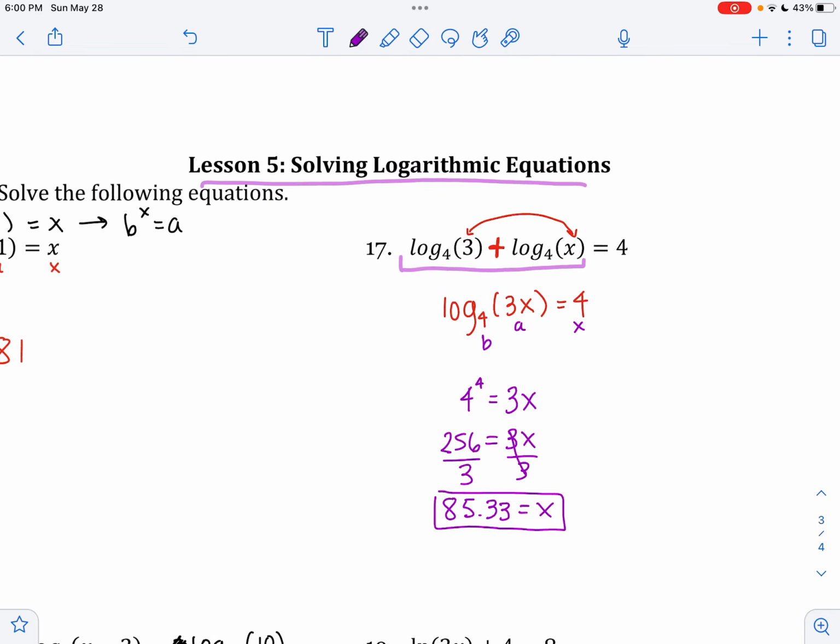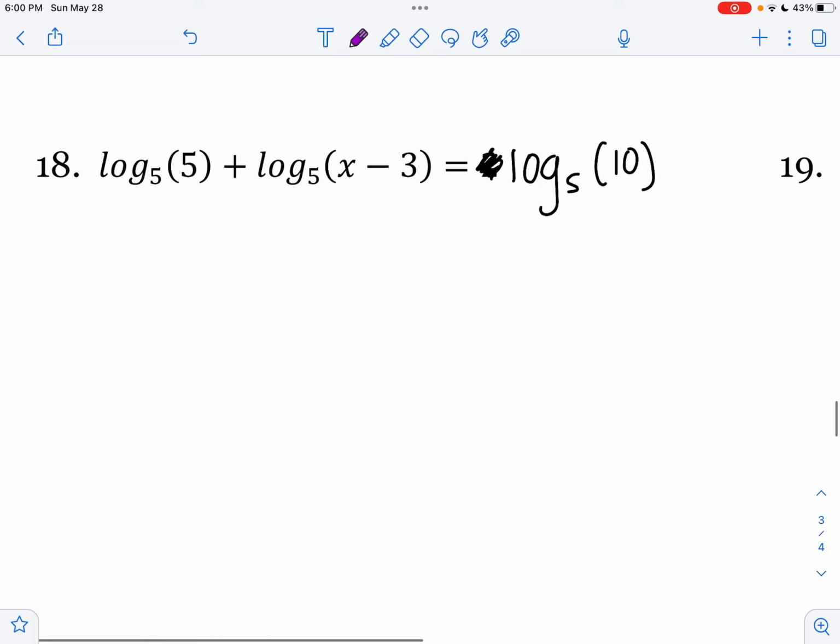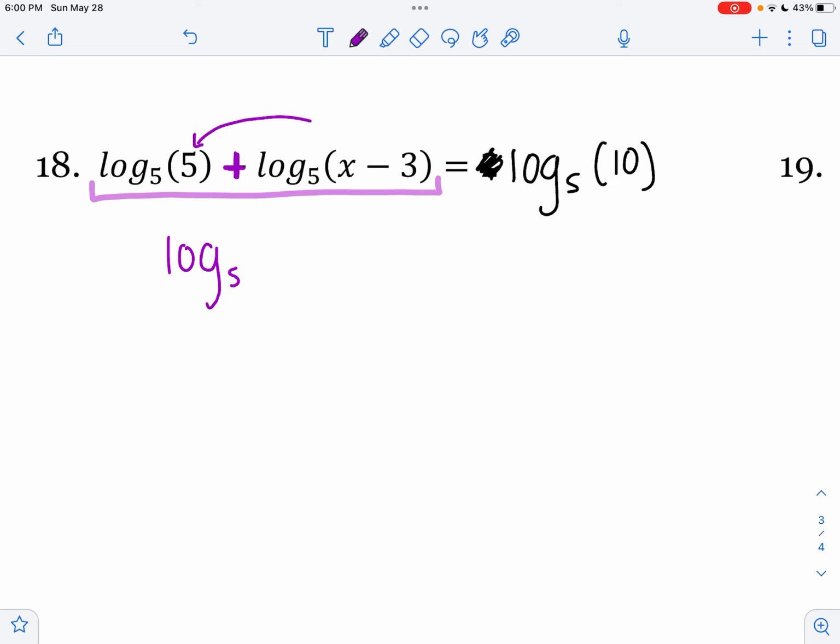Okay, let's keep going. Number 18. Now, remember, I said if you have 2 logs on one side of the equal sign, we need to combine them before moving on. So I have 2 logs. I have to combine them into 1. How do I do that? Well, to condense them, this is plus, so I'm going to multiply.